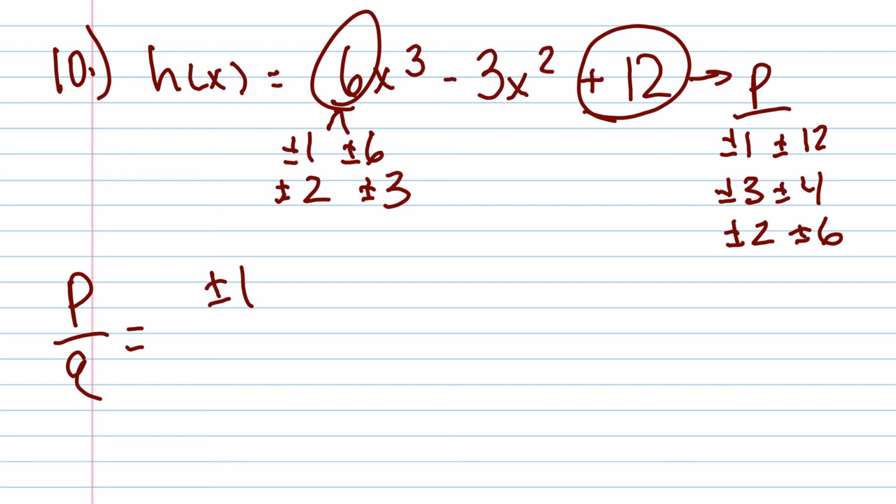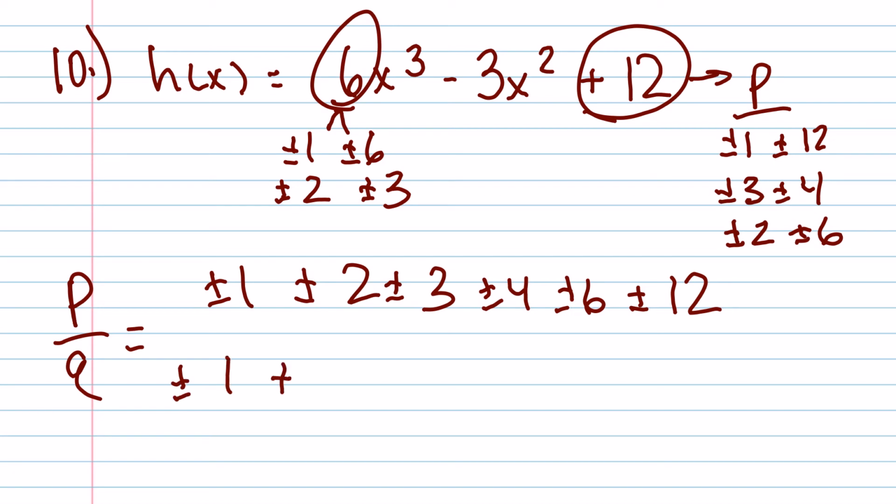Say plus or minus 1, plus or minus 2, plus or minus 3, plus or minus 4, plus or minus 6, plus or minus 12. Write them all once, and then I write plus or minus 1, plus or minus 2, plus or minus 3, plus or minus 4, plus or minus 6, plus or minus 12.